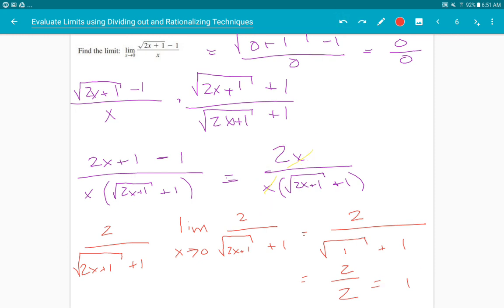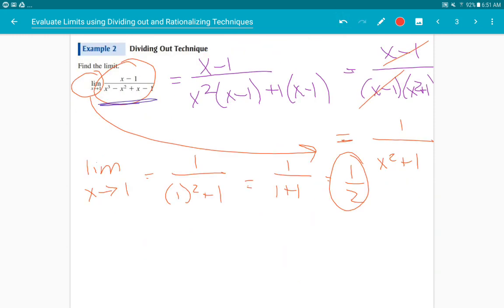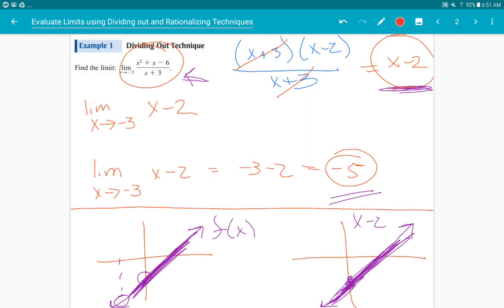Okay, same thing with the other method, the dividing out technique. Plug it in originally. If it's indeterminate, simplify the fraction algebraically, plug in the limit again, and it should work nicely. Okay, so again, we're just using direct substitution, but the problems are a little bit more advanced because you have to apply some form of algebra 2 to help you guys simplify the process.